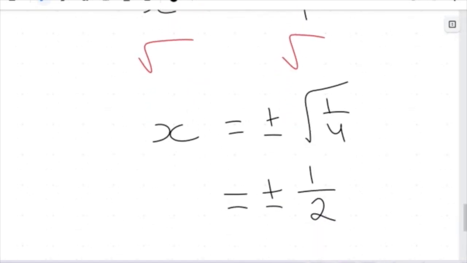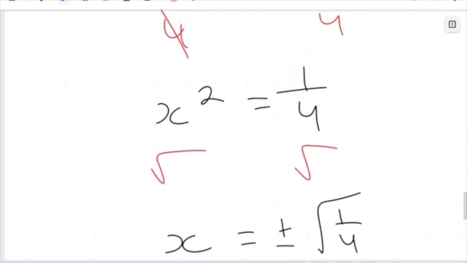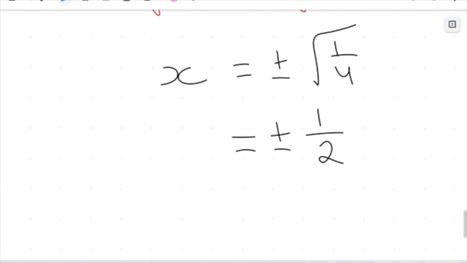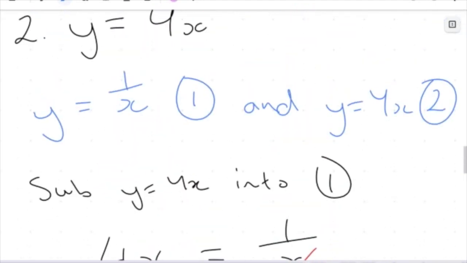And we can just check that this is true. If we take the positive case, half times a half gives me 1/4. The negative as well, negative half times negative half, that gives me a quarter as well, because the two negatives cancel out to give me a positive. Okay, sweet. So these are my x coordinates, and I want to substitute these back into one of my two simultaneous equations in order to find the y coordinate.